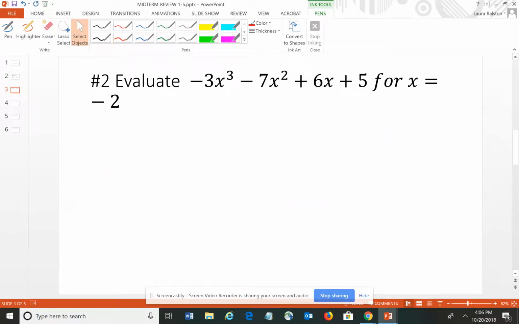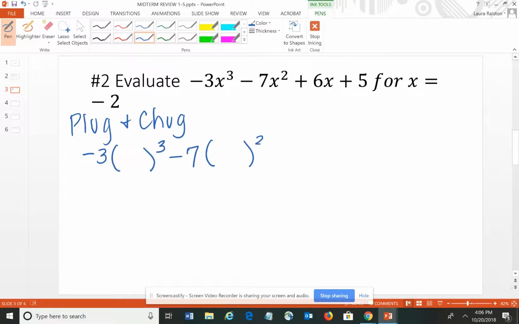Number 2, evaluate the algebraic expression for x equals negative 2. Basically, in this problem, what you want to do, I call it plug and chug. We're going to substitute negative 2 into the equation wherever there is an x.